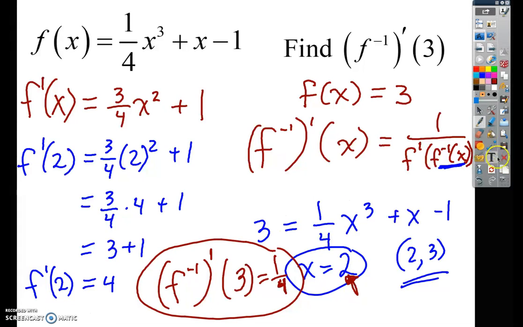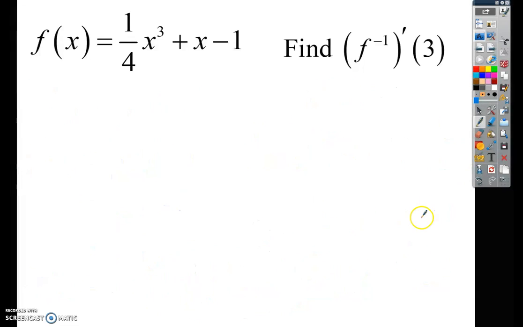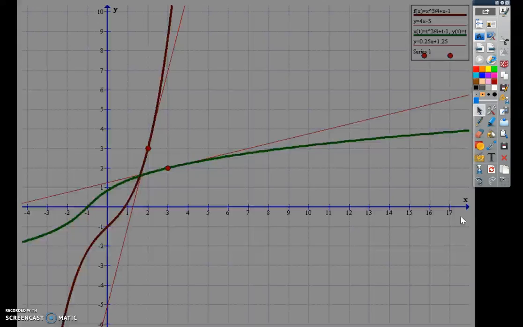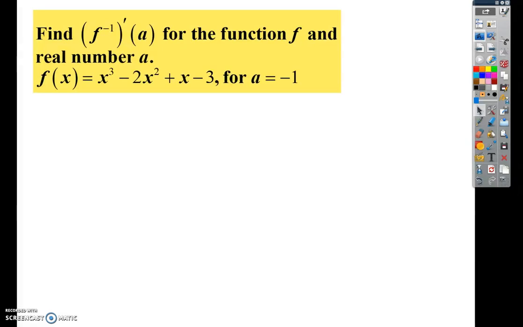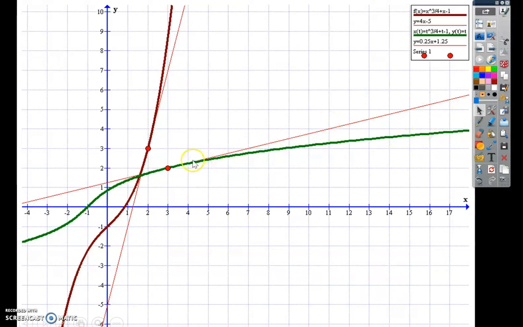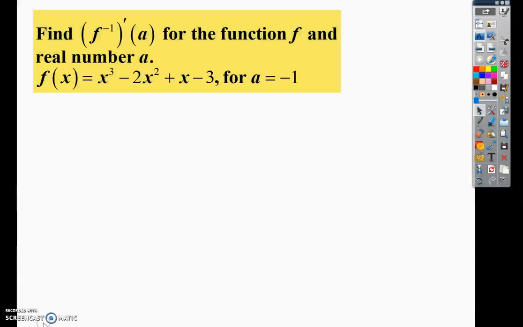So let's see what we can do. So that's that picture back up of, see, it's here at 2. And so that's what I'm looking for is 2 and the slopes, which are reciprocals of one another. So that's just a picture to back up the work we just did.